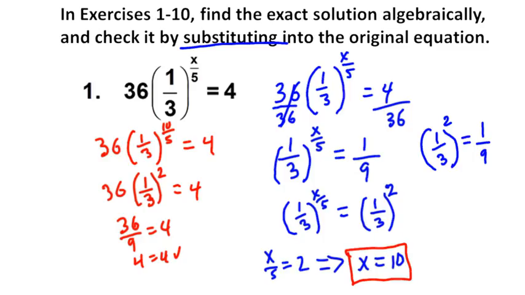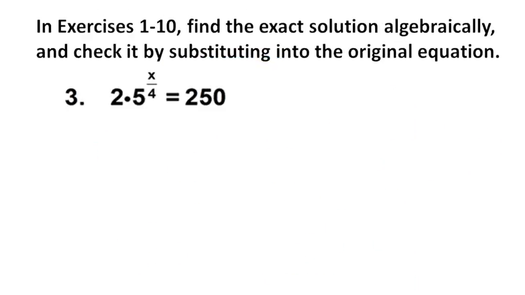That's our first problem, 1. Next is problem 3, where we have 2 times 5 to the power of x over 4 is equal to 250. The first step, we're going to divide both sides of this equation by 2.